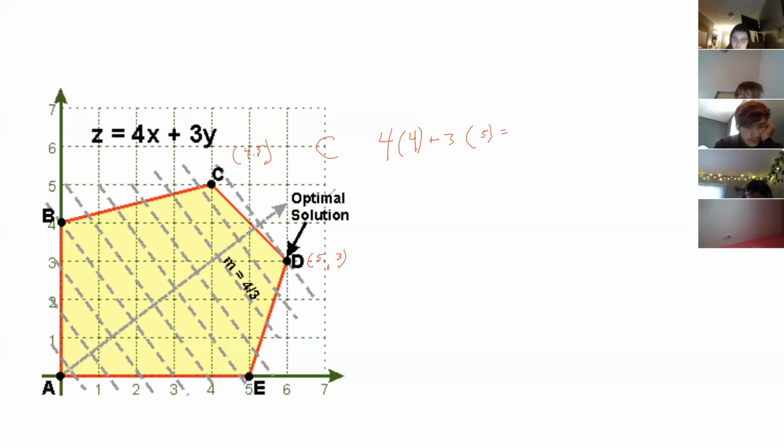And then you test point D. Point D test would say 4 times 5 plus 3 times 3. So point C is going to be 16 plus 15, which would be 31. And point D, 4 times 5 is 20 plus 3 times 3 is 29.